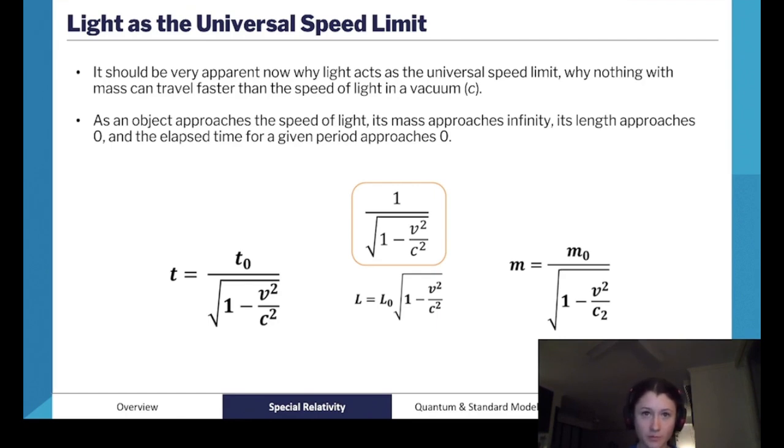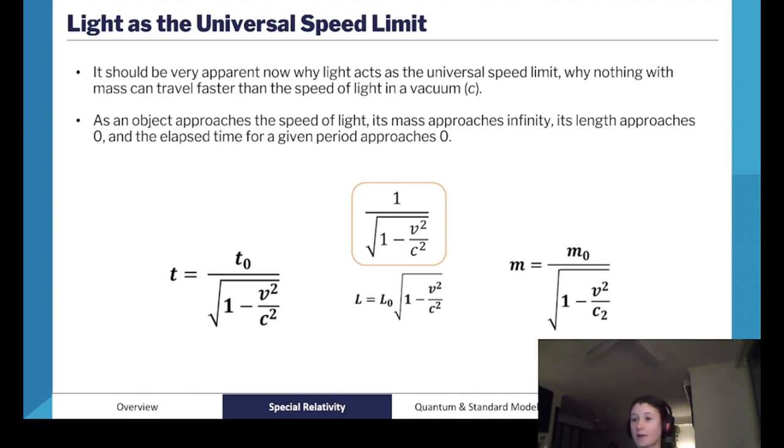As an object approaches the speed of light, its mass approaches infinity, its length approaches zero, and the elapsed time for a given period approaches zero. We have formulas to describe these phenomena, and as a result, nothing with mass can travel at or over the speed of light.